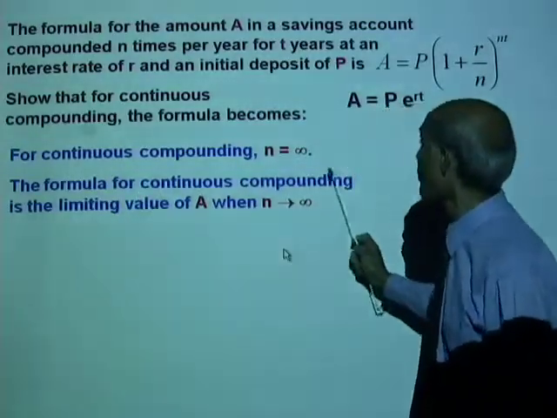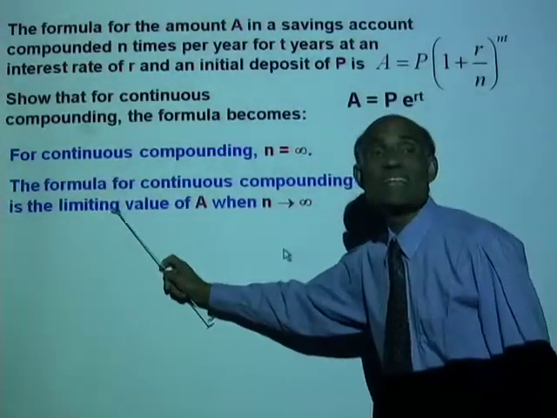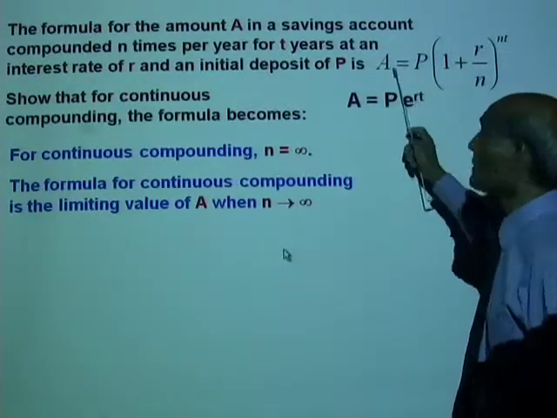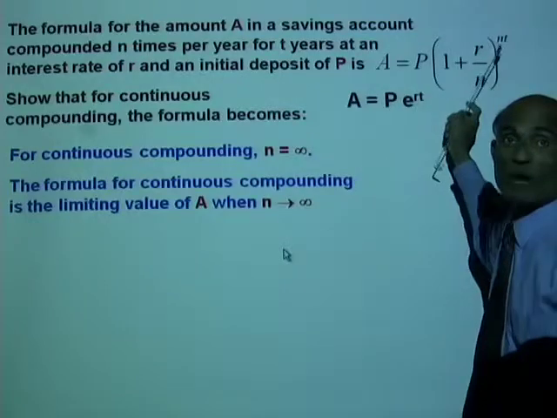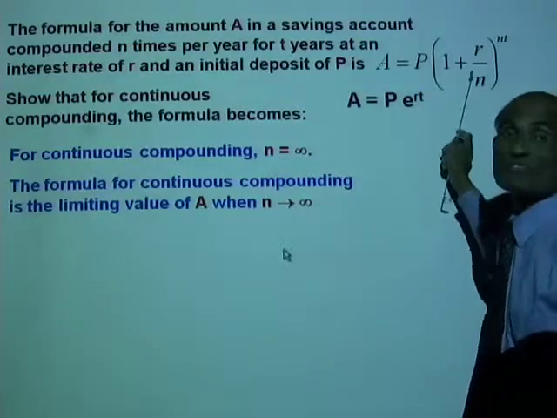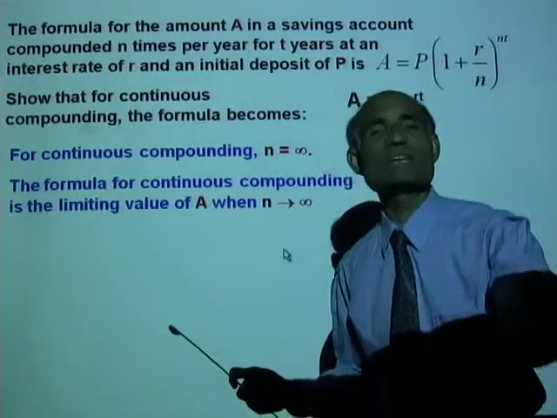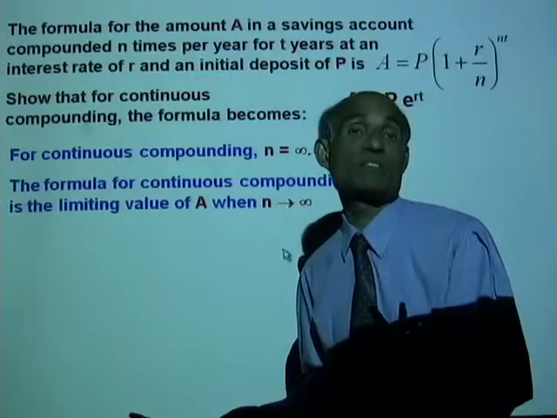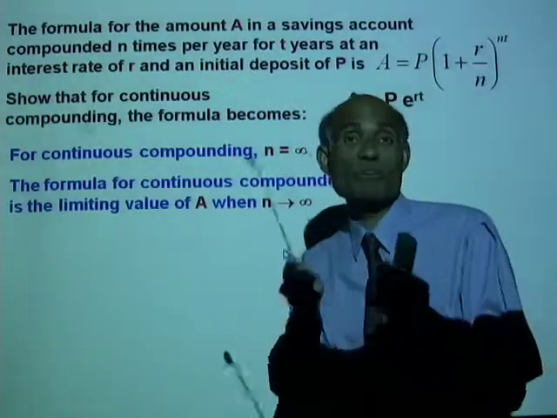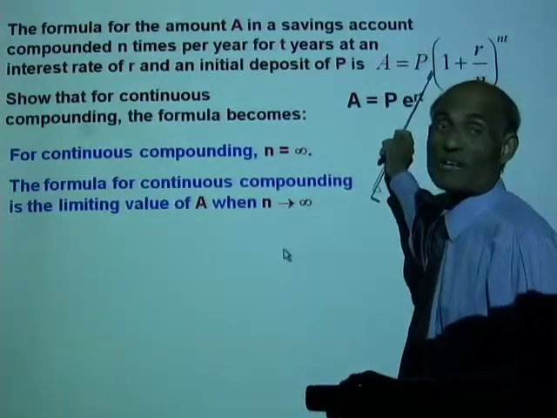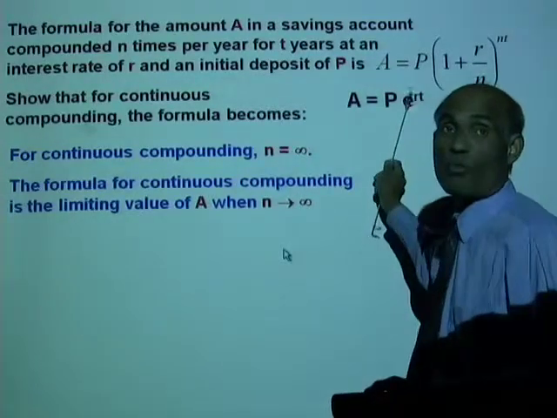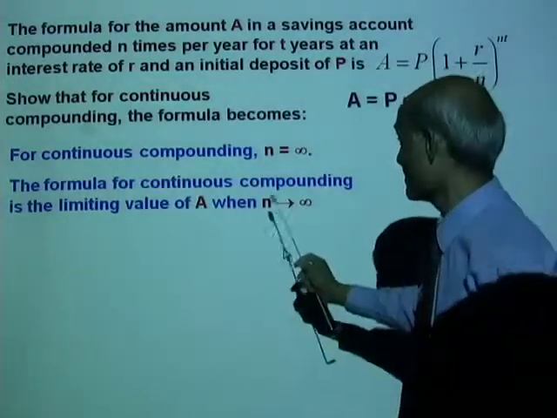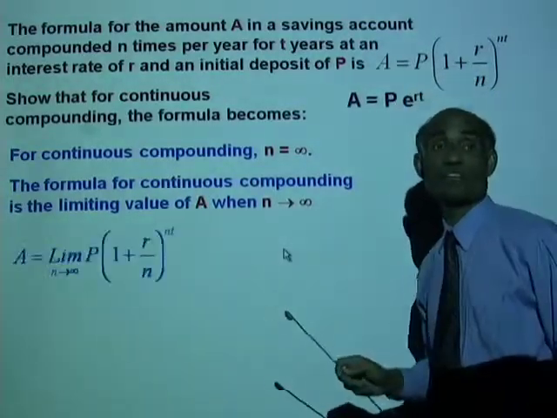And the formula for continuous compounding is the limiting value of this A. You see, this gives you the amount A after t years if interest is calculated n times a year, where n is finite, no problem there. If interest is calculated 12 times a year at the end of every month, we can do that calculation there. Now the question is, what will be the value of A when n is infinite? That means n goes to infinity.